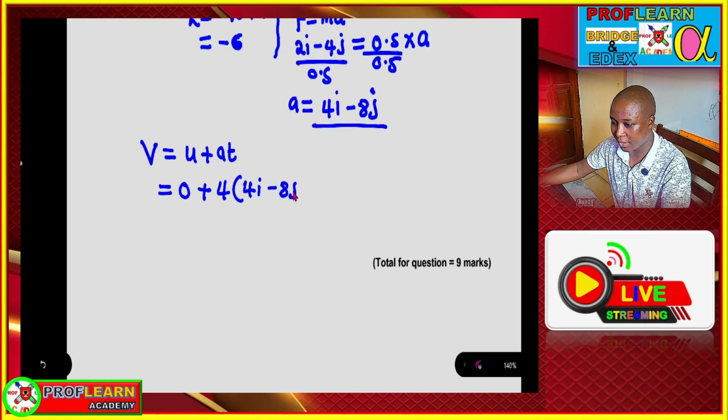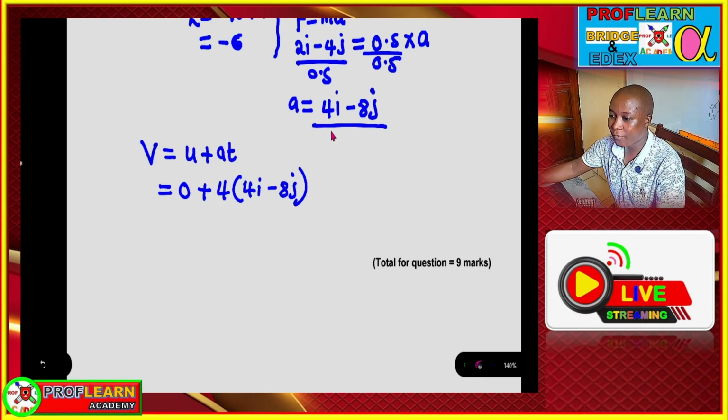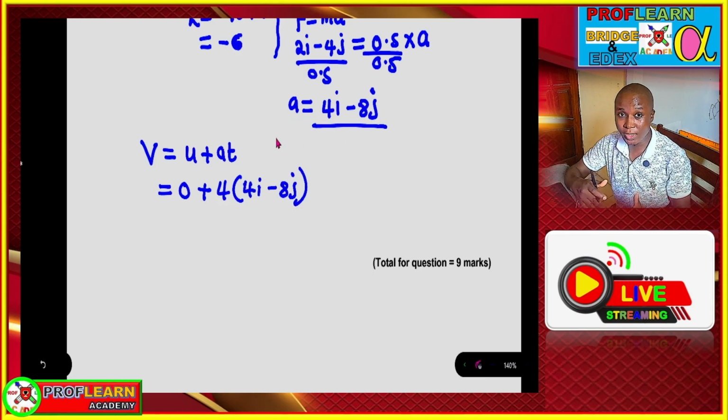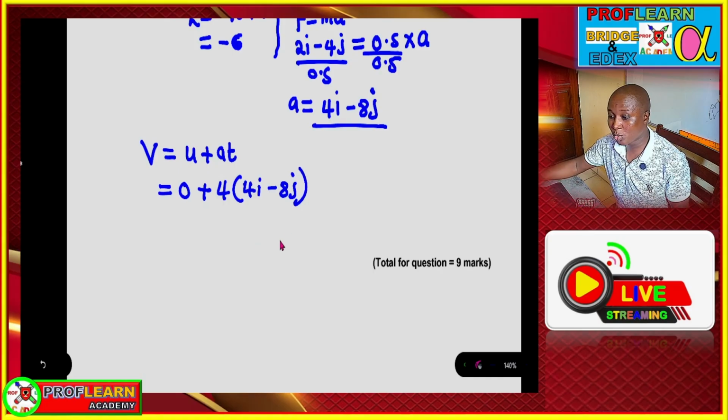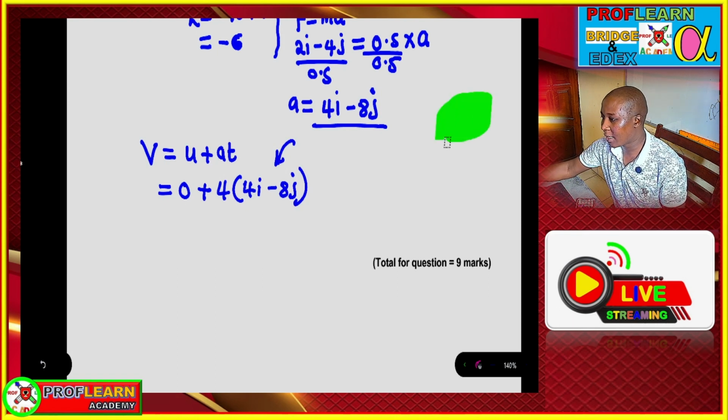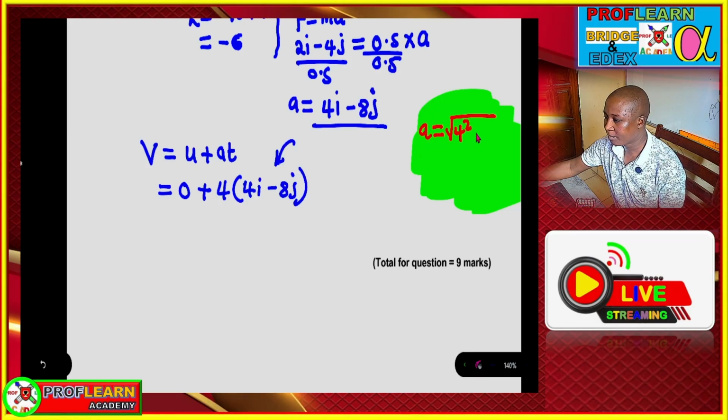So if you are having this acceleration in unit vectors, if you want to proceed to the next question with the magnitude, you can find the magnitude and get the exact value of acceleration, or you can work with it and then find the magnitude later. So another student in another school could have just said, all right, my acceleration magnitude will be the square root of what? 4 squared plus negative 8 squared.